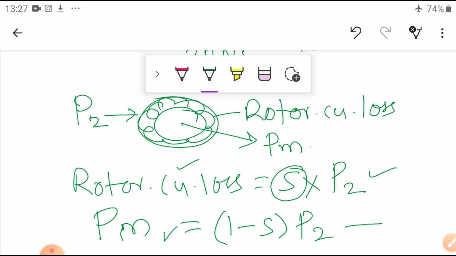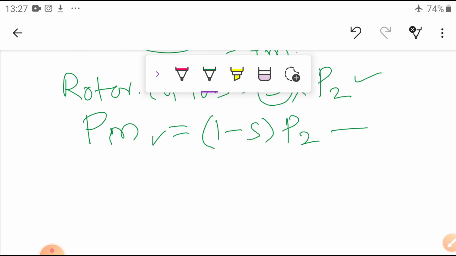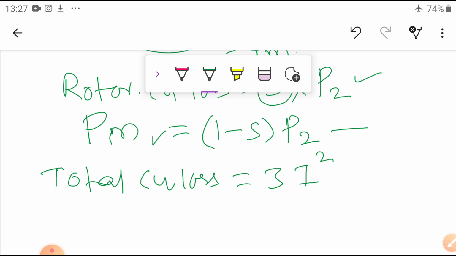Now what are the rotor total copper losses? Total copper loss of the rotor is equal to 3 into I square R2, with 3 windings. This I square R loss is the total copper loss.